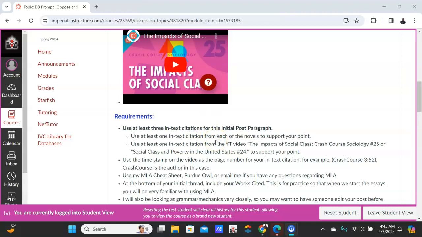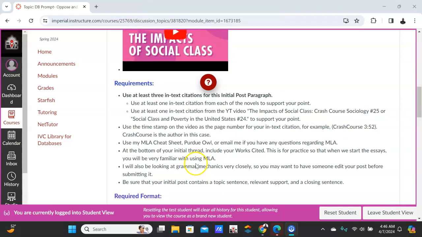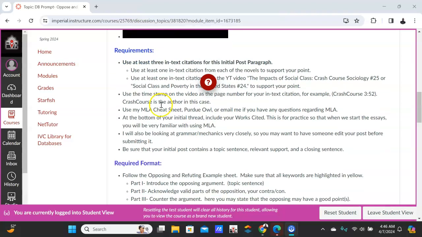Remember, this should be more of your writing, not what other people say. That's where ICE comes into it. Make sure you're introducing, citing, and then explaining in your own words. This way, the quotes or the outside sources mesh well with your own words, your own tone. Okay, so here, 3 in-text citations. Again, if you want to use the ones you used in last week's discussion board, I'm okay with it.